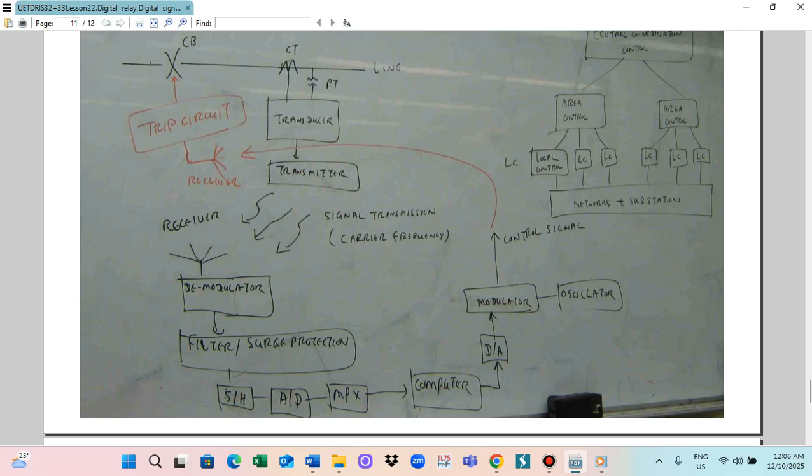This is the analog to digital converter. This goes to the sample-and-hold circuit and is connected to the analog to digital converter and a multiplexer. Then it goes to the computer.